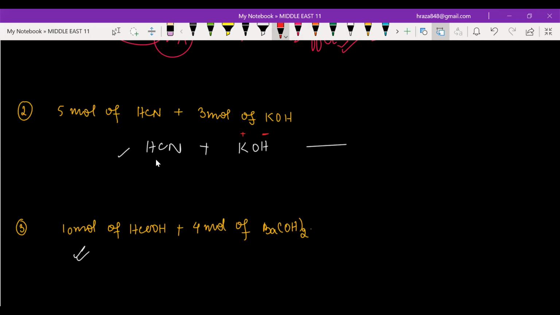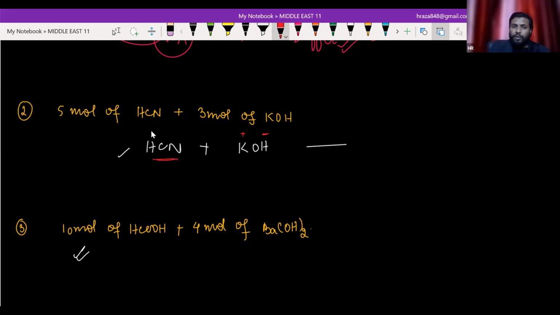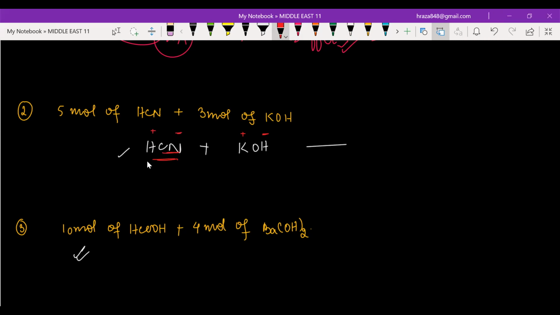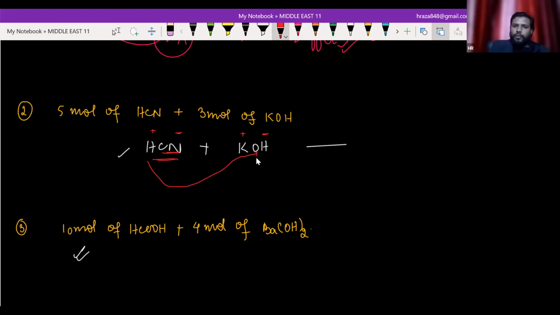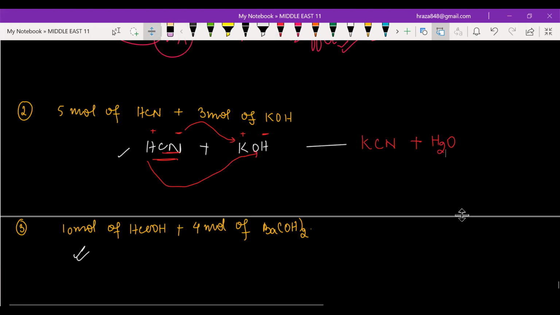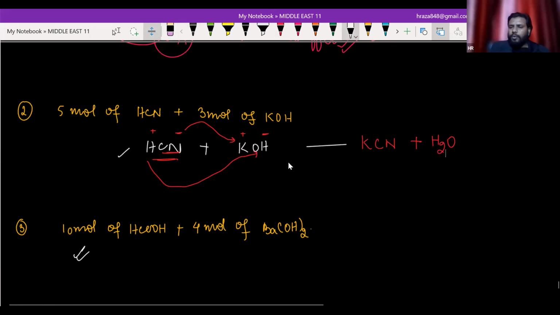And if this is an acid, hydrogen will go as H plus and the whole rest is negative. Positive will go with negative, negative will go with positive, so the equation will be KCN, and H plus OH will give H2O, right? The remaining you already did. This is an acidic buffer, right?